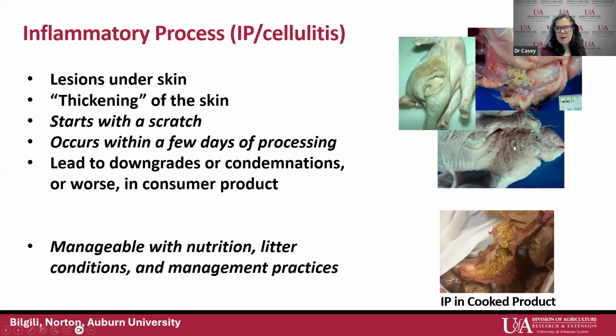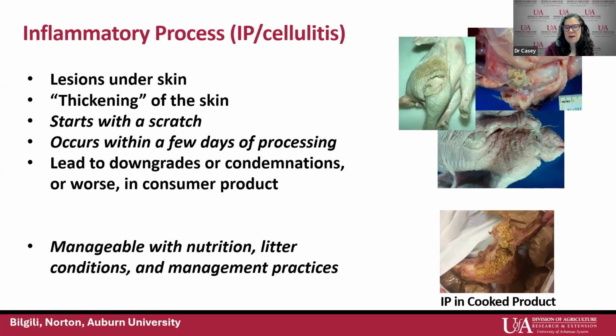It starts with a scratch on the bird, typically, and then that scratch gives an area for microbes to enter the body. And so this yellow plaque-like lesion that occurs really is the body's defense mechanism, trying to wall off that bacteria so that it doesn't contaminate the bird further. However, in the processing plant, this would have to be trimmed out.